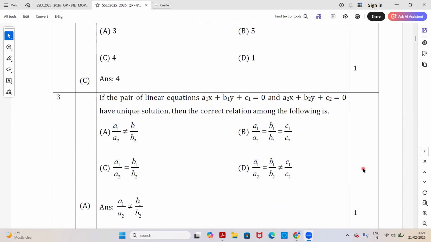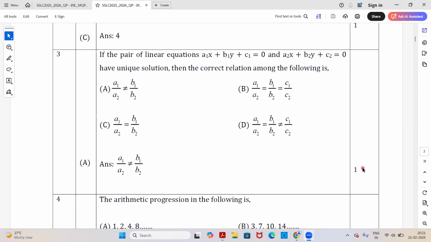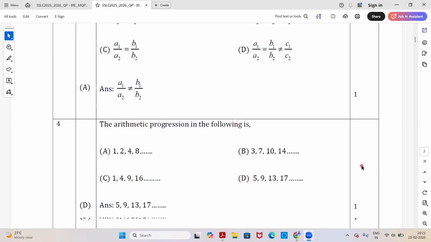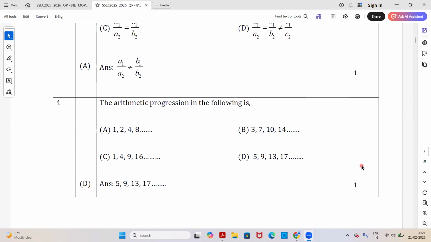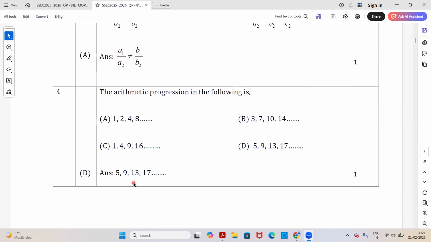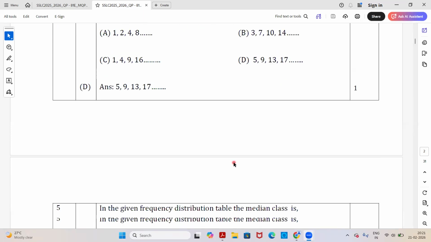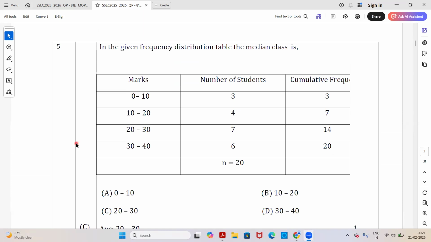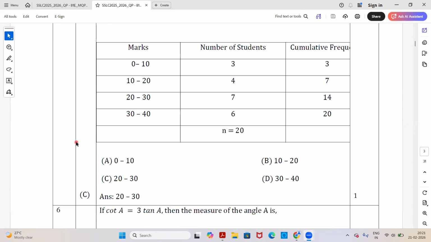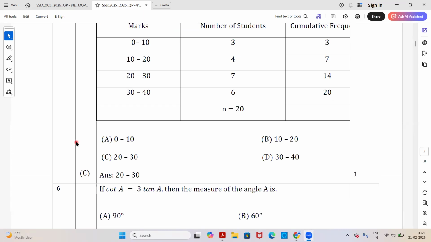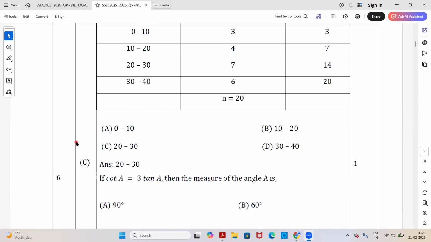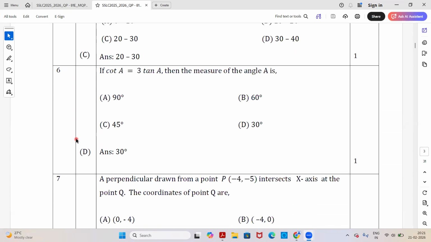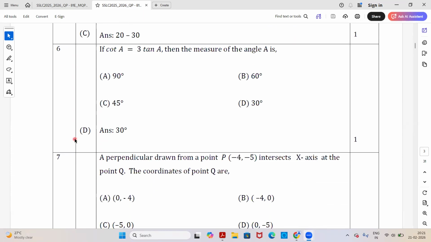Next you have third question and the 4 options for it and the right answer is option A. Next, the arithmetic progression in the following is, answer is option D. Fifth question, in the frequency distribution table, the question and the options are given and the right answer is option C. For question 6, it is option D, 30 degree, that is the answer.